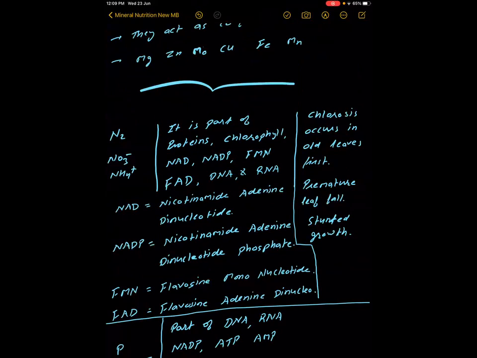Old chlorophyll is already degenerating continuously in the aging process, so new chlorophyll is not formed and the available chlorophyll is destroyed, called chlorosis. Similarly, if the tissue is destroyed, the term used is necrosis. So necrosis is destruction of tissue, chlorosis is destruction of chlorophyll.